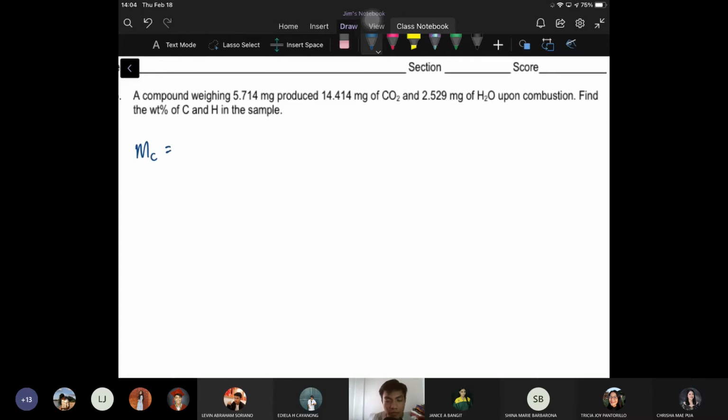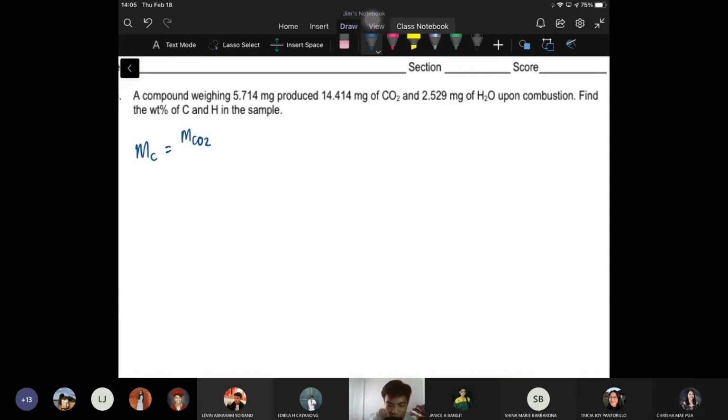So, where do we get the mass of carbon? From the CO2 produced by our reaction. So, we start with the mass of CO2. What do we do to convert that to the mass of carbon? Stoichiometry. When I say stoichiometry, you immediately convert to moles.